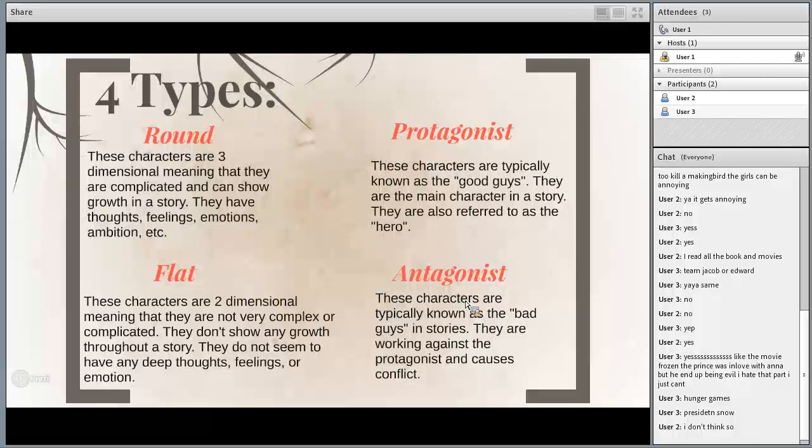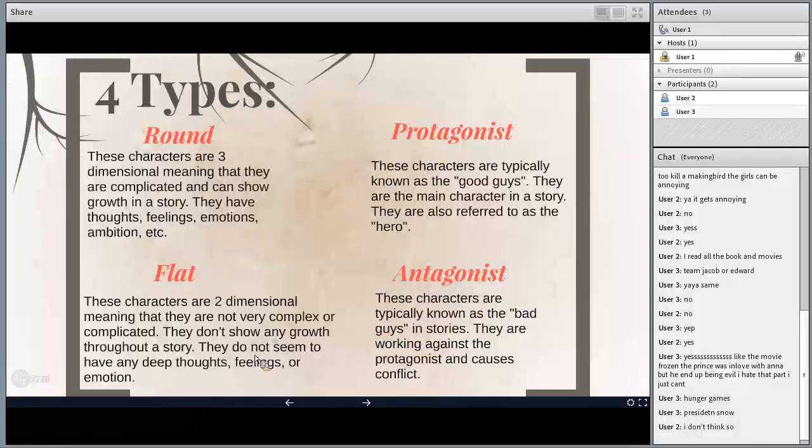So flat characters are needed to fill in the gap, and sometimes they're even used to showcase certain qualities for the protagonist, the antagonist, or other round characters. If you have a flat character who's maybe not that smart, and you put them next to the protagonist who's a genius, it makes them look even smarter, right? Because they're standing next to someone who isn't quite at the same level. So they're just used to buffer everything.